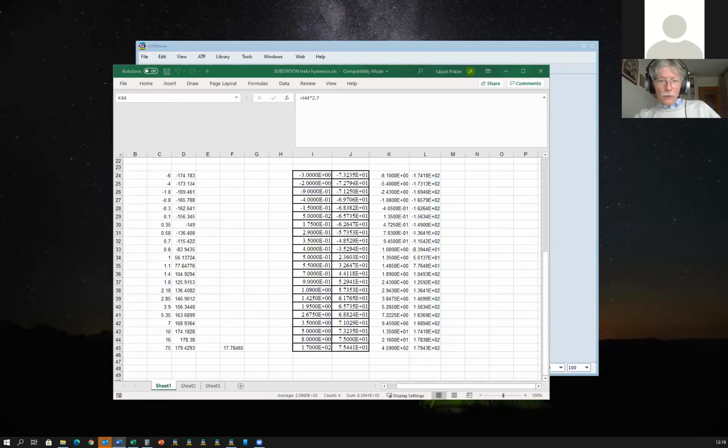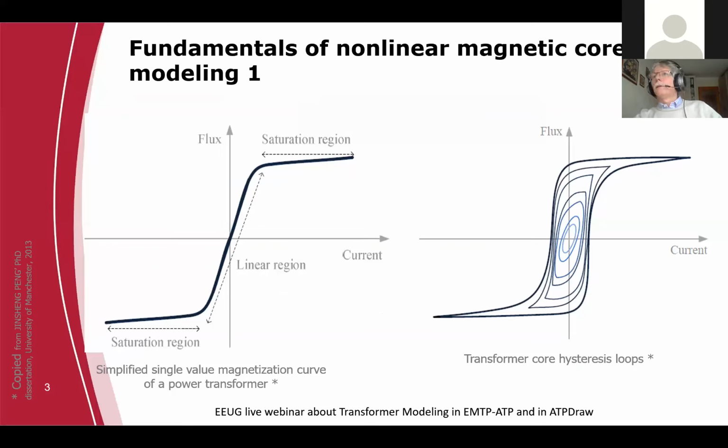Okay. The air core inductance, I will try to show. The air core inductance is here. This is the saturating point, and thereafter you will have a straight line, much like this line.